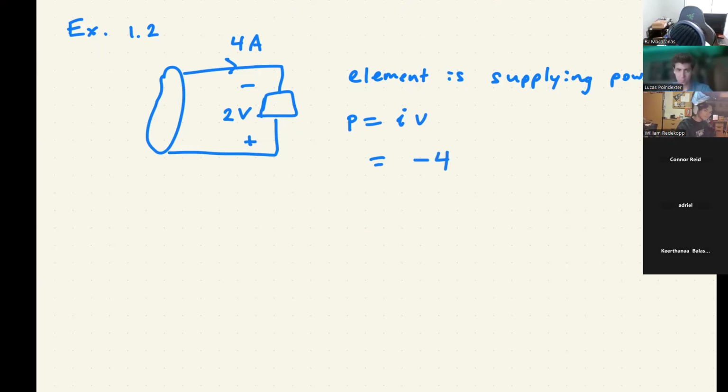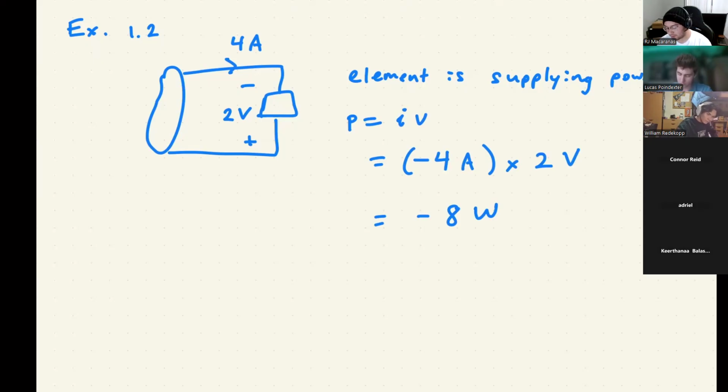So I have negative 4 amps, and then I always have just a positive voltage, right? So this is minus 8 watts. And by the passive sign convention, this element is supplying power because power is less than 0.